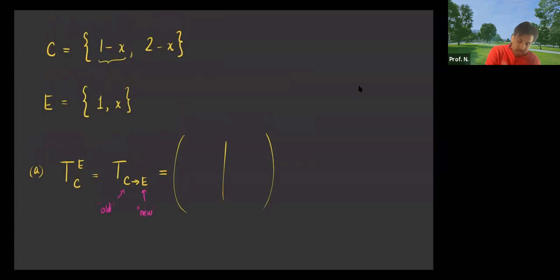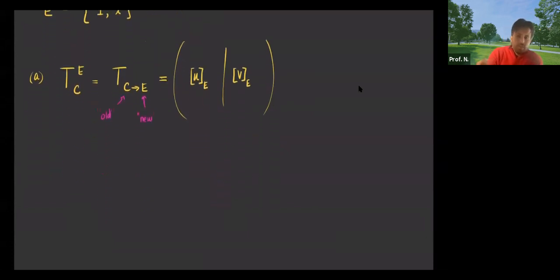If I call this U and I call this V, then what I'm saying is I want to rewrite U in terms of the new basis E, and I want to rewrite V in terms of the new quote-unquote basis E.